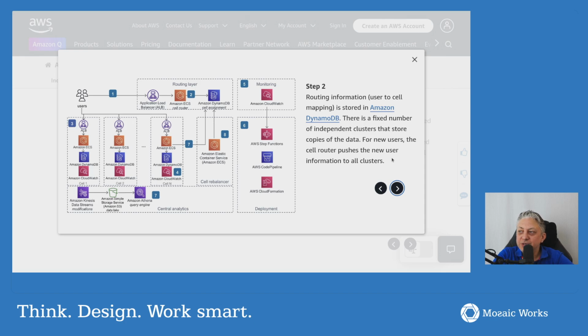Routing information, user to cell mapping, is stored in Amazon DynamoDB. There is a fixed number of independent clusters that store copies of the data. For a new user, the cell router pushes the new user information to all clusters. So it's again trying to have a more encapsulated approach where each cell kind of decides, okay, do I take this new user or not?